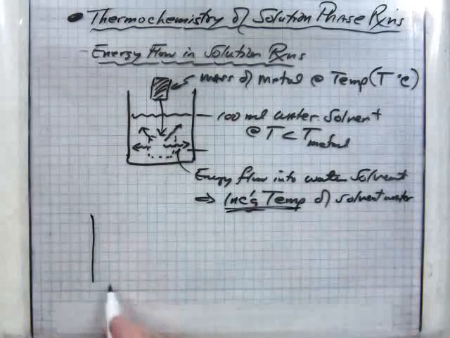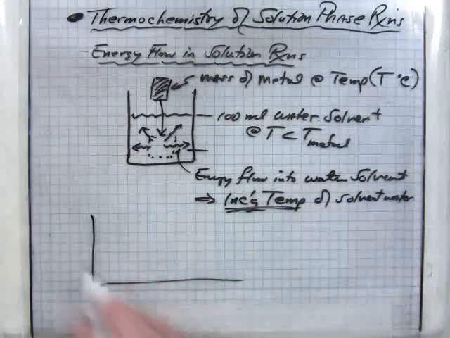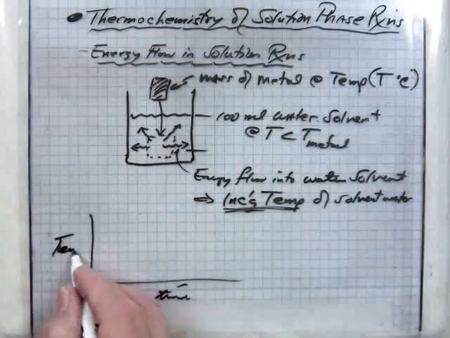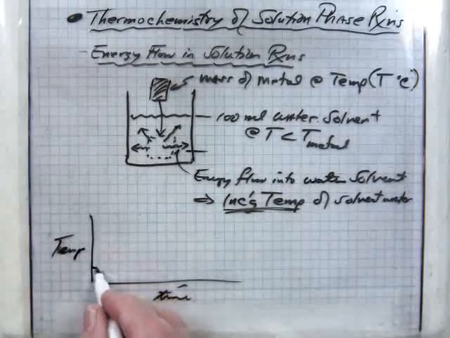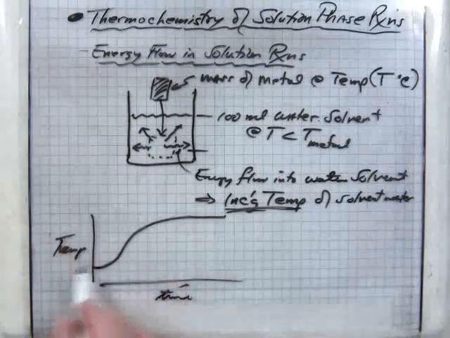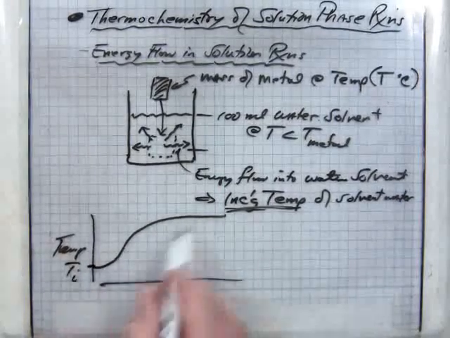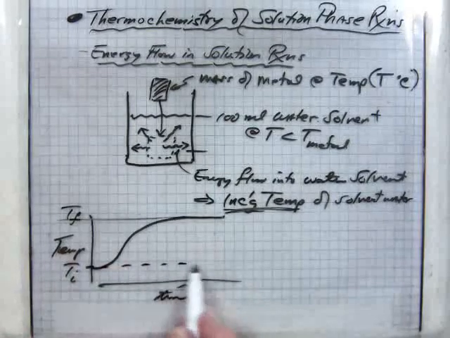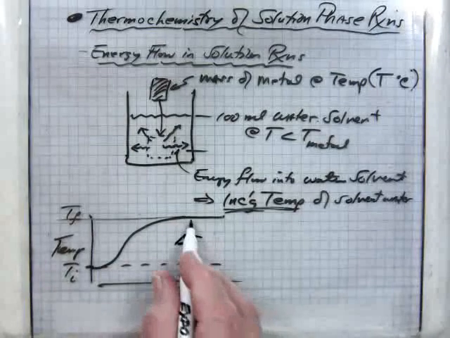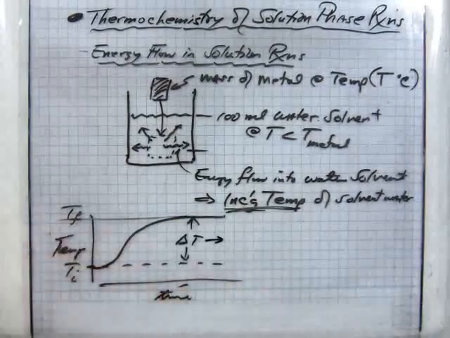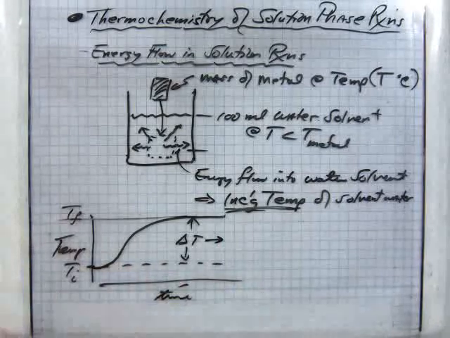So what you would observe, on a time versus temperature plot, is you start out at say 25 degrees and you'd see that happen. And so you would have a temperature initial and a temperature final, and you'd have a change in temperature going on that reflects the energy transferred into the solvent system.